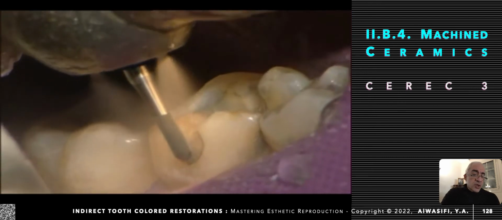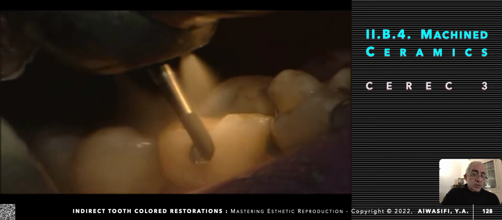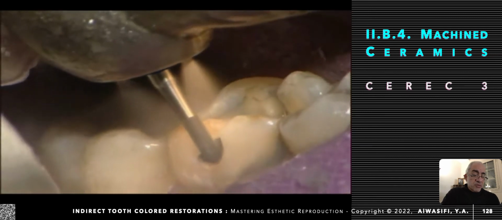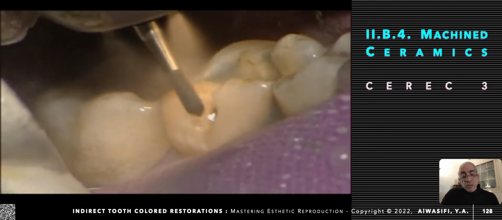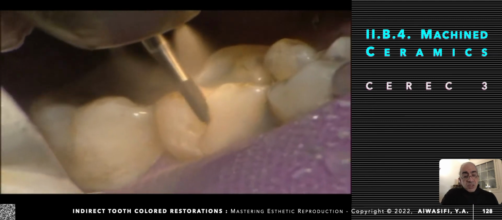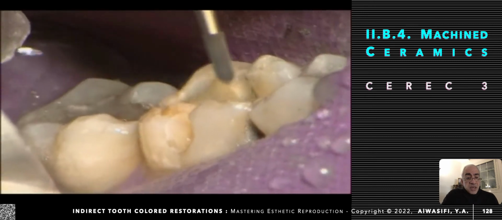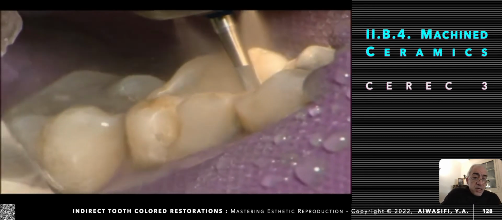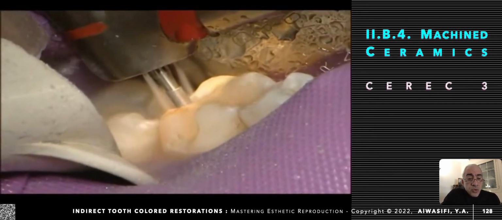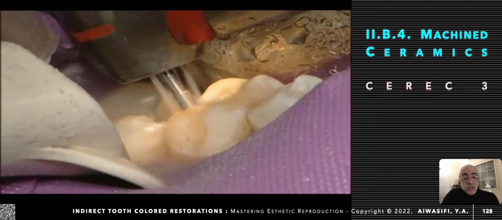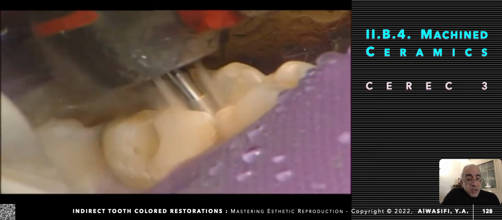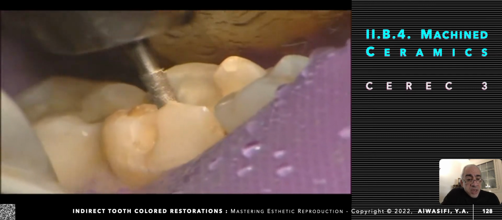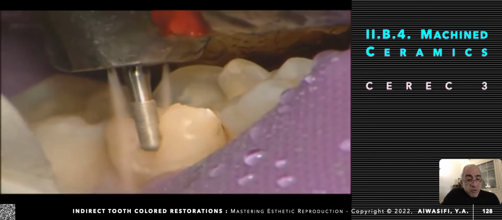For a cause or another, this operator, with agreement of his patient, decided to replace all the amalgam restorations with this machined CEREC inlay, okay. I would like you to note how much water coolant he is using when removing the amalgam restoration and when cutting the cavity to avoid any pulpal involvement.